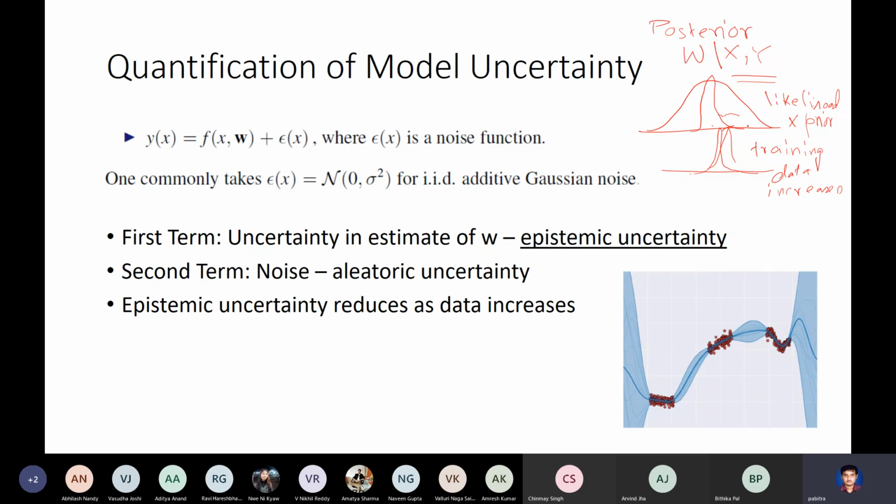So your uncertainty in W will keep on reducing as you increase your training set size. This also we have studied long back in the course.